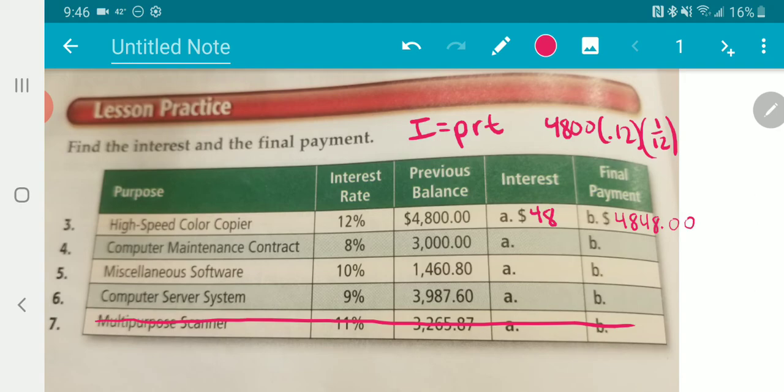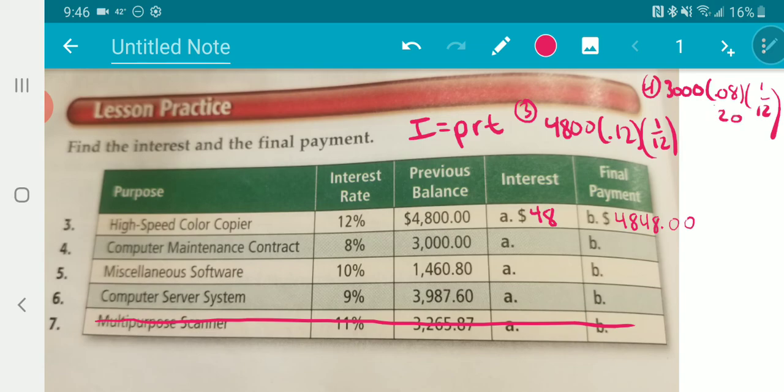Same thing for the next one, principal times rate times time. In this case, it would be 3,000 times 0.08. So that was for number 3 here. If I were to do number 4 up here, 3,000 times 0.08 times 1 over 12, you get an interest payment of $20.